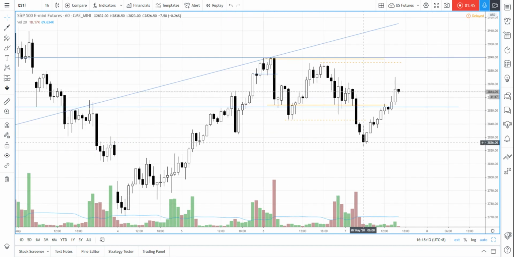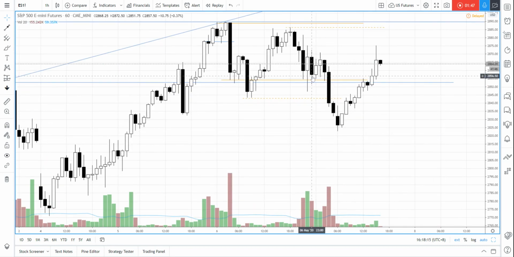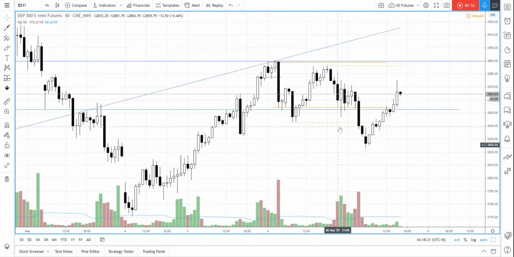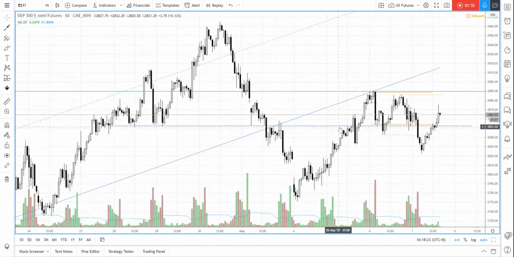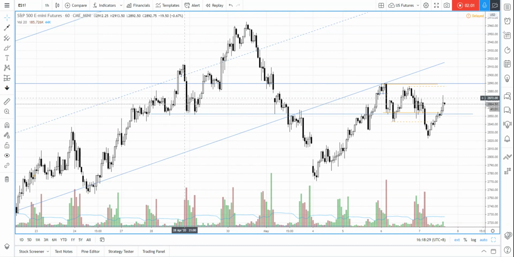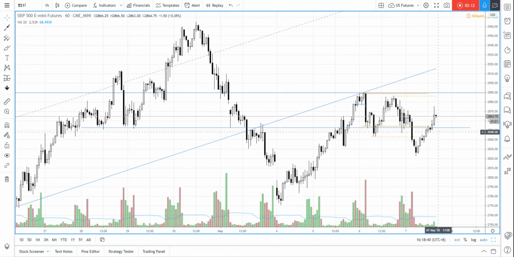But you can see on this H1 chart that although we have some kind of bounce from 2850, it has proven to be a very key level, an important level to watch, because you can see that price interacts at this level quite a lot of times, whether it bounces up, penetrates through, or gets rejected.